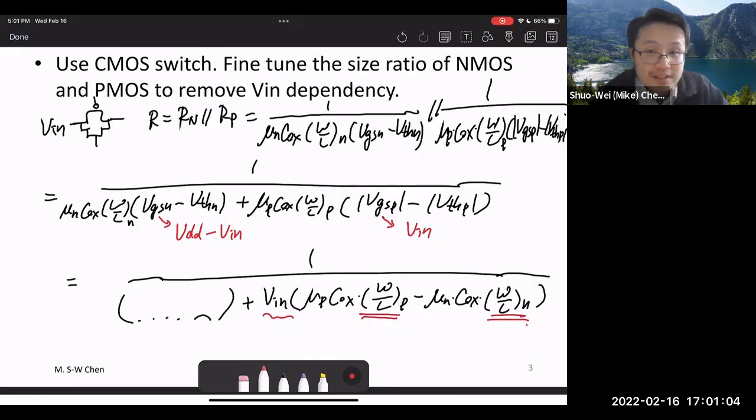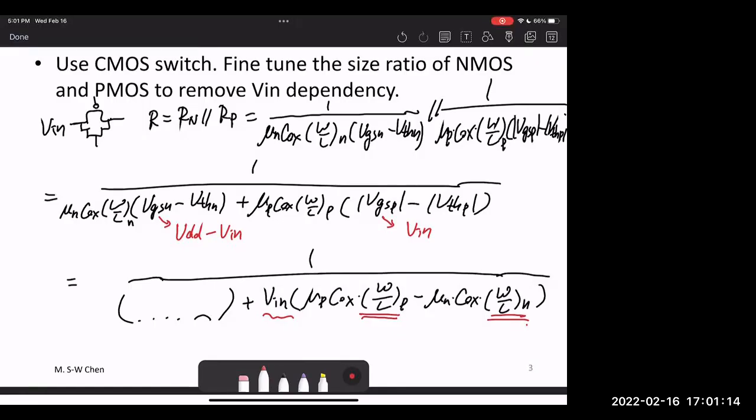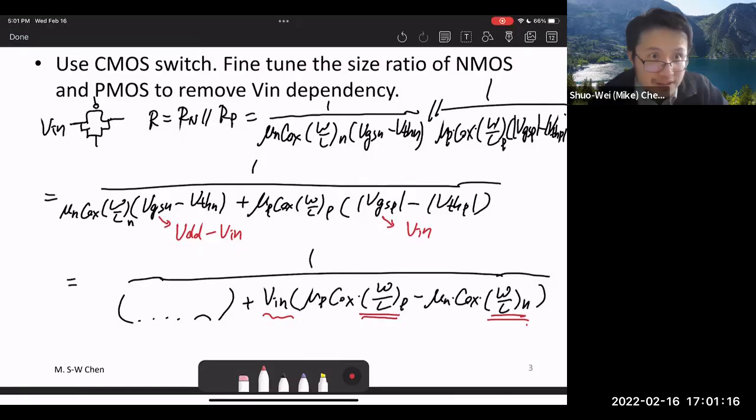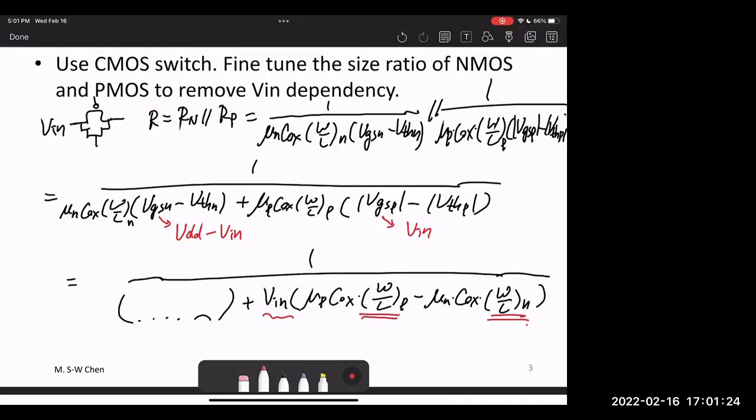You see that, right? So usually the mobility of the NMOS is larger than the mobility of the PMOS. The NMOS is larger, right? So which means that we should size the NMOS W over L to be smaller. Yeah, smaller, right?